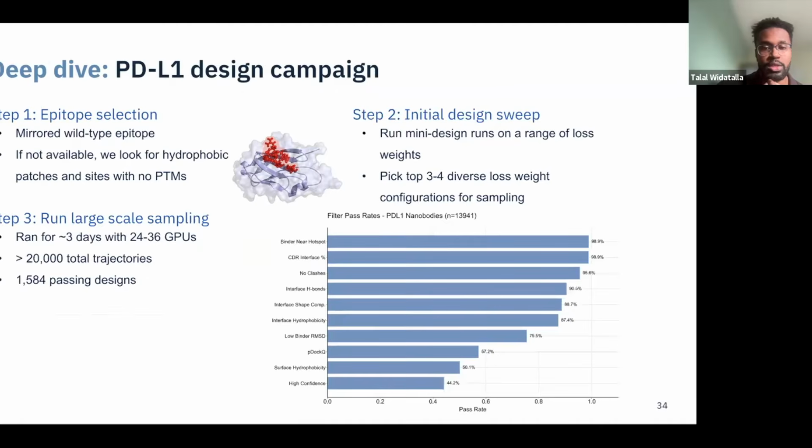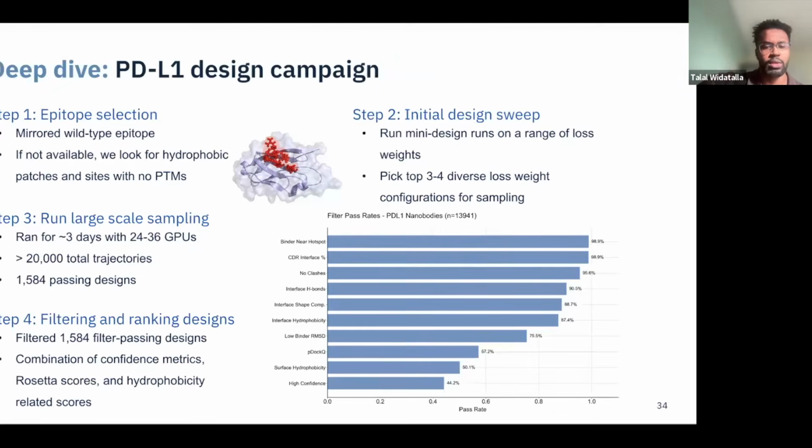So this is how an average campaign will look, in this case, PDL1. You start with your epitope selection, and in this case, there is a natural wild type binder which we actually want to compete away with our design. So we chose that epitope.